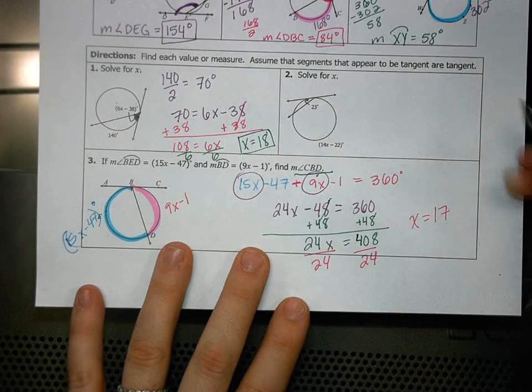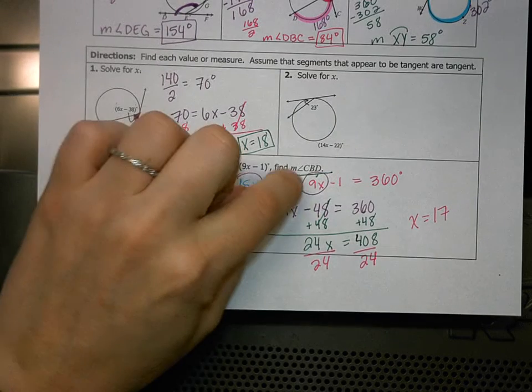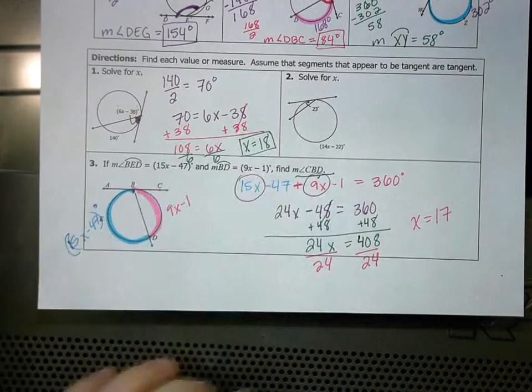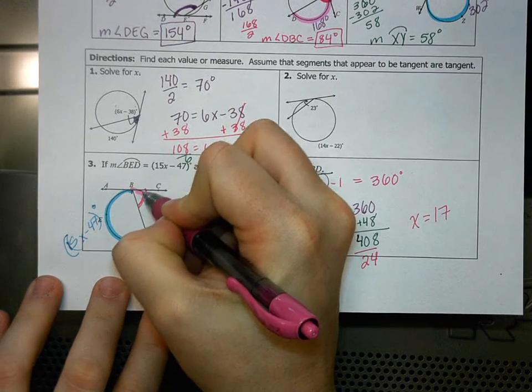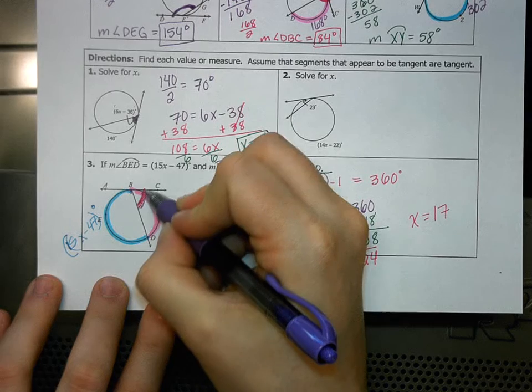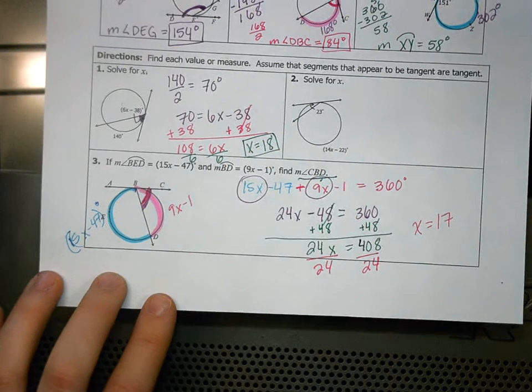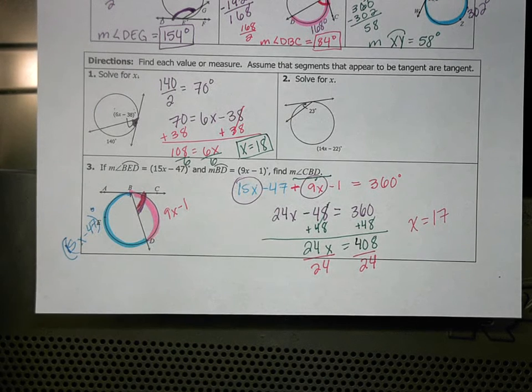17? Is that my answer? No. Find the measure of angle CBD. Angle CBD is here. Let's make it another color. Okay. How do I find that angle? What do I have to find before I find that angle? 9x minus 1.